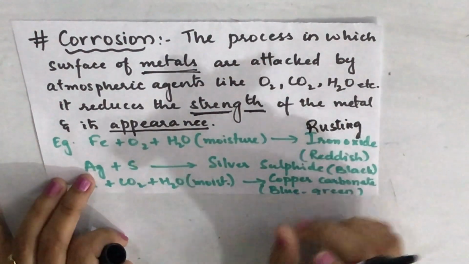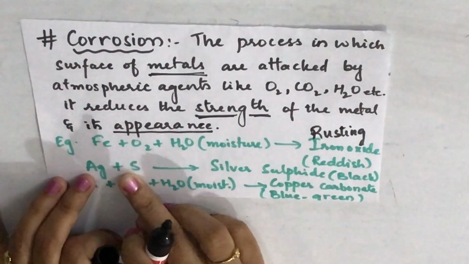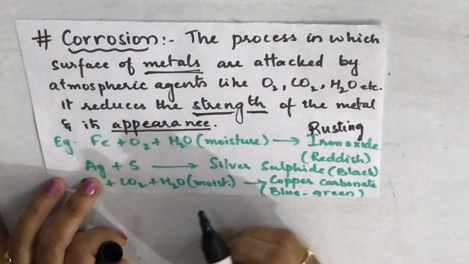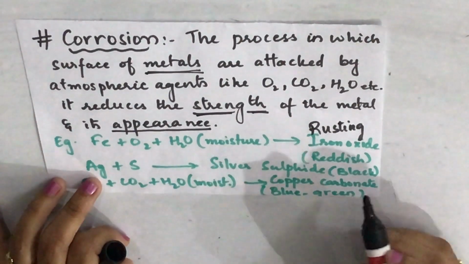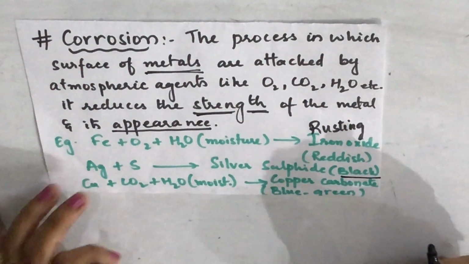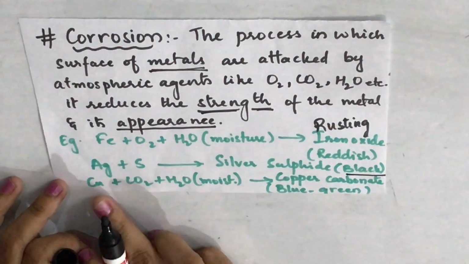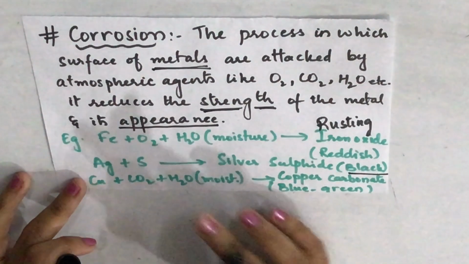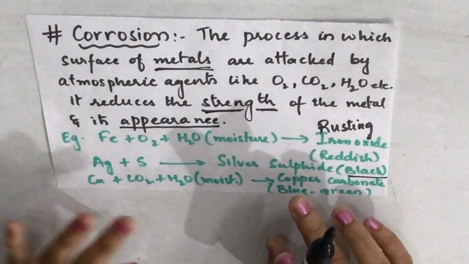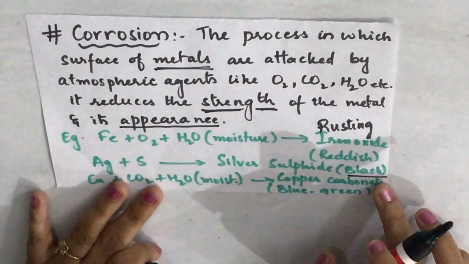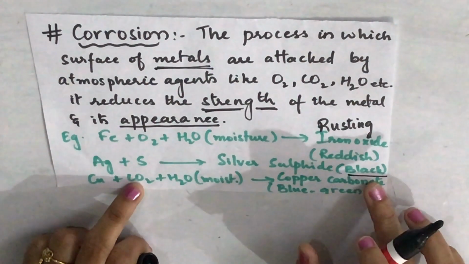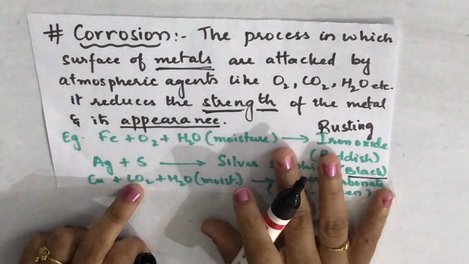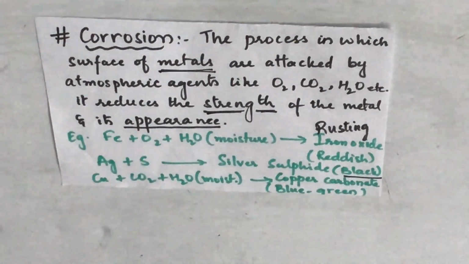Silver, I told you the silver anklets, they become black in color because it reacts with the sulfur present in the air, and it forms silver sulfide which is black in color. And copper vessels also combine with carbon dioxide and water, that is again moisture, and form copper carbonate, because there is carbon dioxide, so it forms a carbonate compound and it's bluish green in color. These are all examples of corrosion.